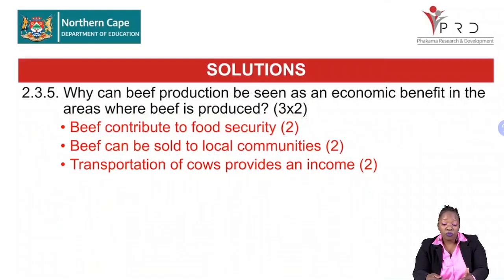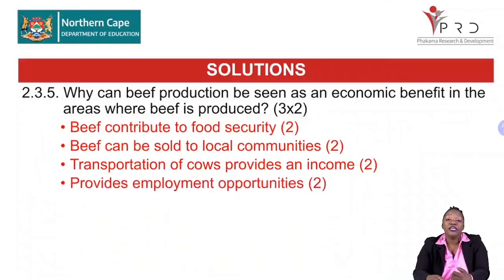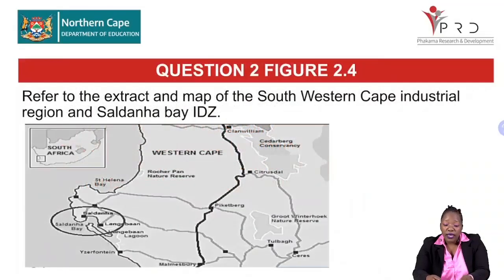So those people involved in the livestock will be able to hire the truck from that person, which also will provide an income for him or her. Another, it will also provide employment, as you've seen that there are companies that will be able to hire the people. And also, we're looking at our figure 2.4.